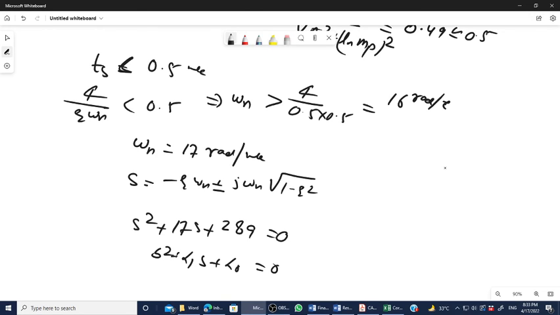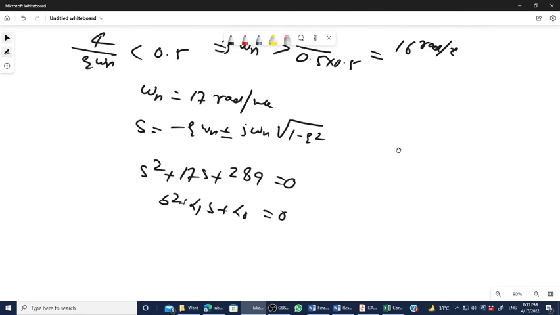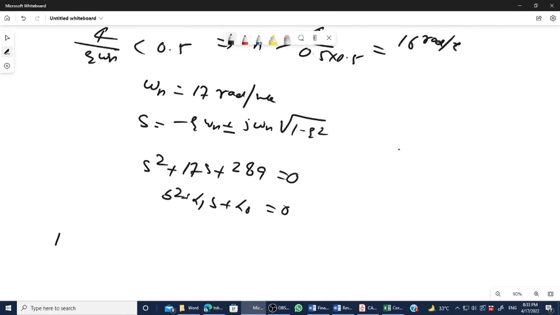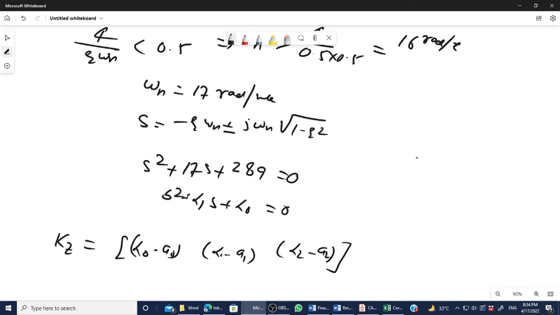So here you can now find out the value of Kz. Based on this, the problem becomes very simple: alpha0 minus a0, alpha1 minus a1, and so on. So this is 289 minus 2, right? Then 17 minus 3.